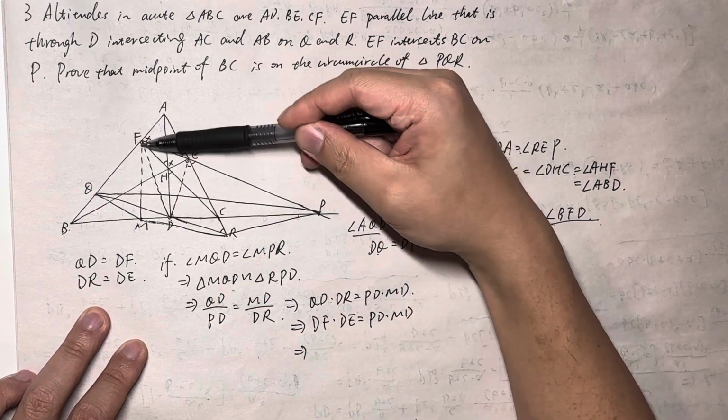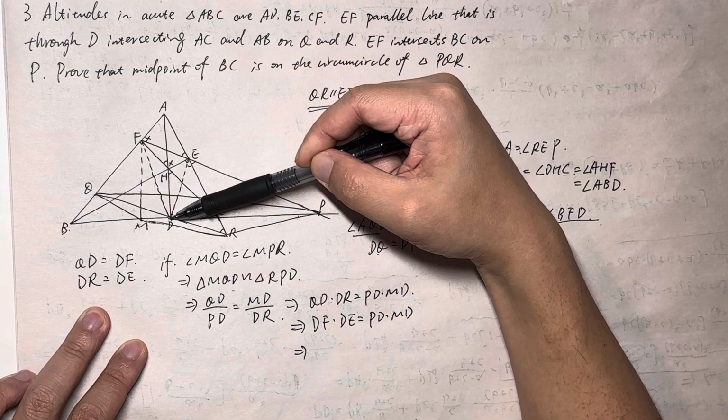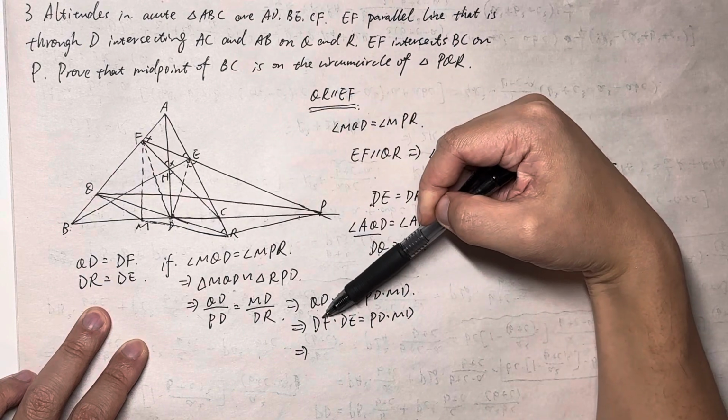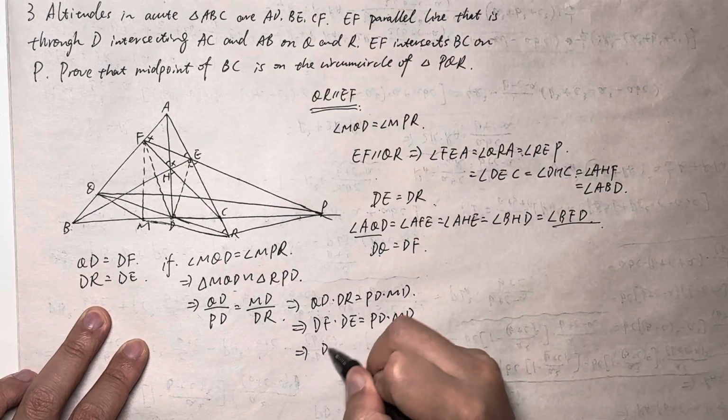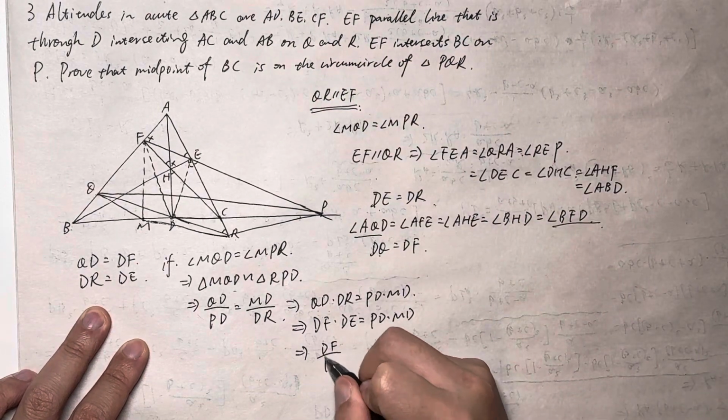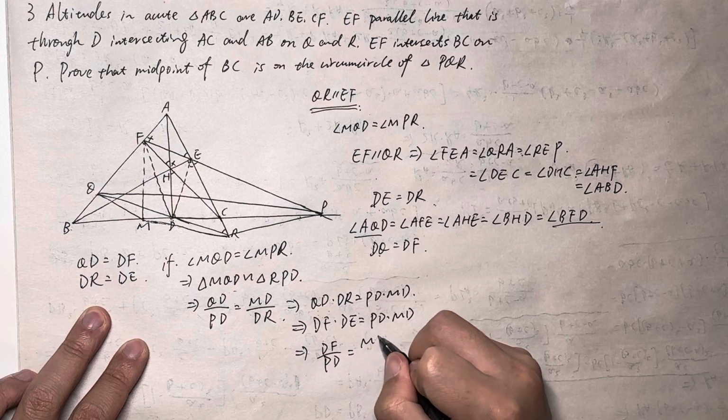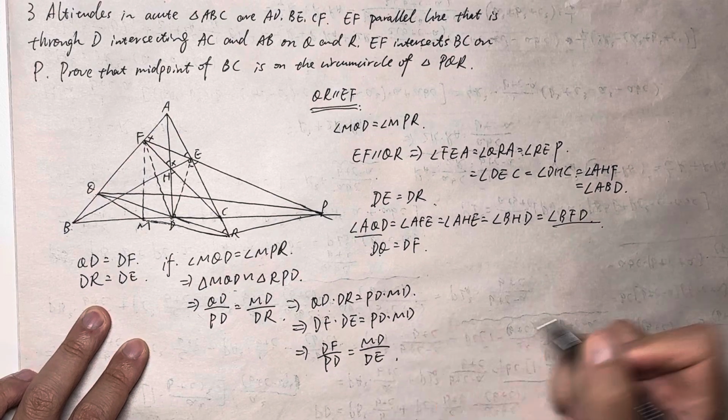see DF, and DF is here, times DE, right? So DF divided by PD equals MD divided by DE, right?